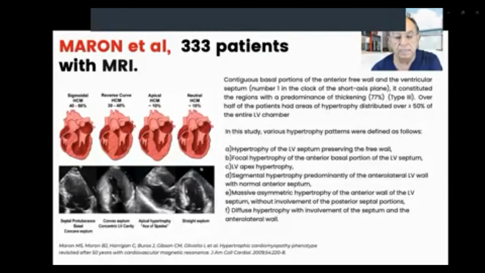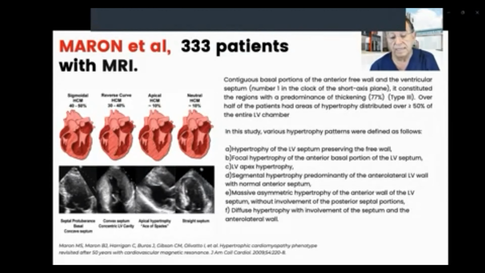Using this evaluation, Maron found the most common morphology was basal hypertrophy, named sigmoidal hypertrophic cardiomyopathy, and the second was medial segment hypertrophy in the left ventricle, named reverse curve or medioventricular hypertrophy. 10% of the patients had apical, and the neutral is diffuse in 10%.